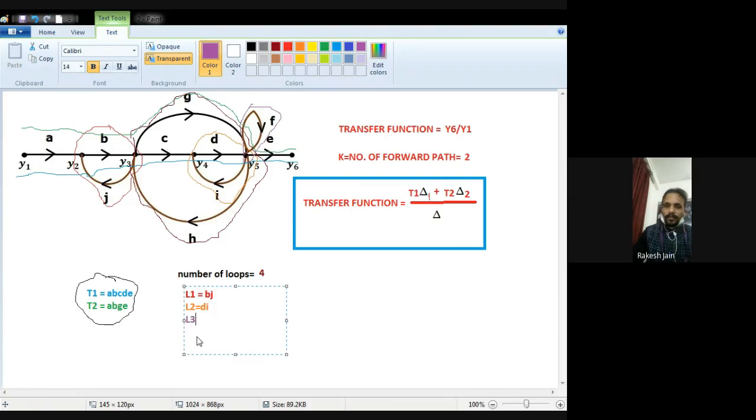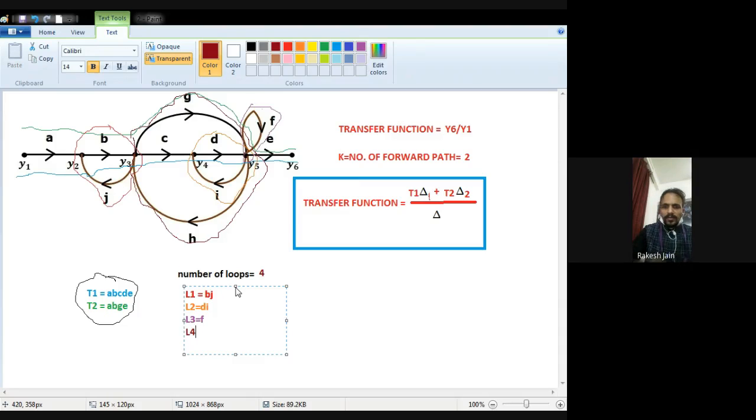We mention a loop starts from the Y2 node and reaches again at the Y2 node without repeating any branch. So what was the gain in between there? In between are B and G. So BG, I write down BG. This is my first loop gain.